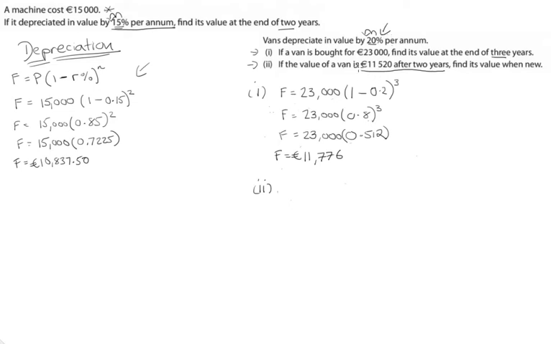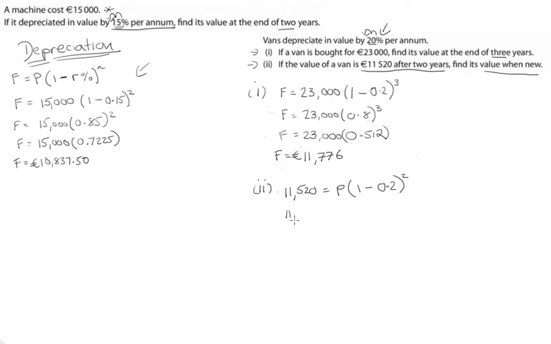So the value when new is P. We don't know what P is, but we know what F is. In this sum, we know the final value, and that's 11,520. But we don't know the price of it when it's new. Now 1 is still there, minus the 20%, which as a decimal is 0.2, and it's after 2 years, so to the power of 2.